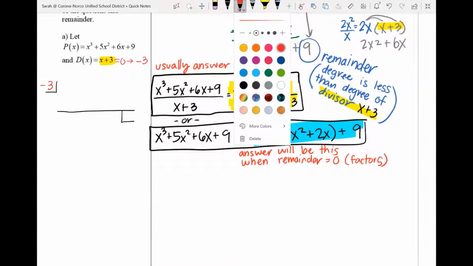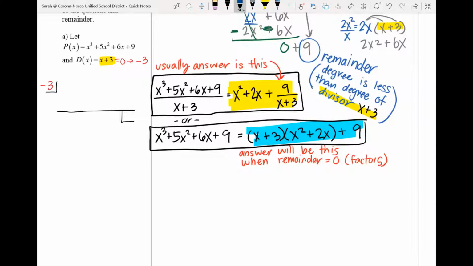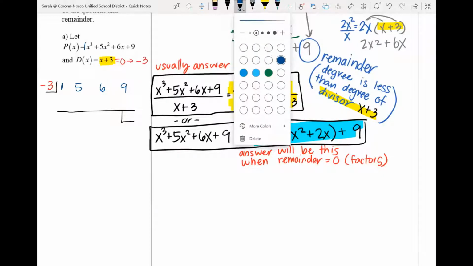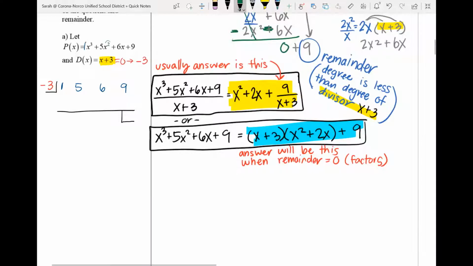Our next step is to write out each of our coefficients. So the leading coefficient on this x cubed is a 1. Our next coefficient is 5. And then we have 6. And then we have 9. So we write out our leading coefficient, and then each of the ones that follow, because we have x to the third power, x squared, and then x to the first power, and our constant, we didn't have to add any zeros for this problem.